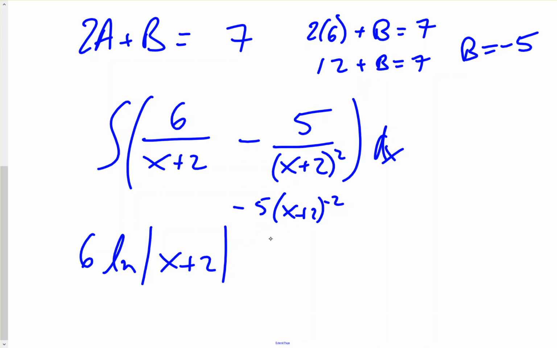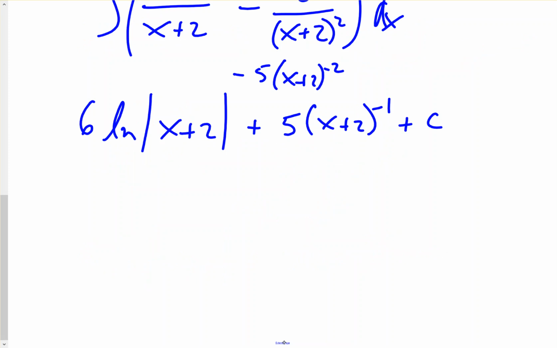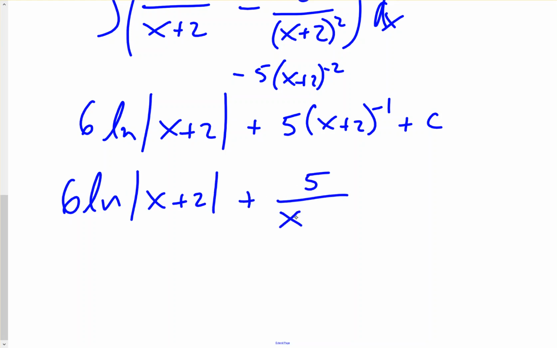So this would be a plus 5 times x plus 2 to the -1, plus c. And you could leave it like that, or if you want to write it in the fractional form, that's fine as well. Okay, well that would be the final answer.